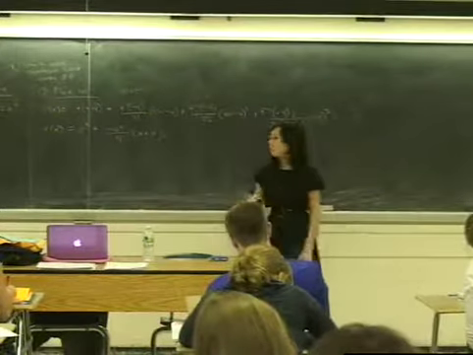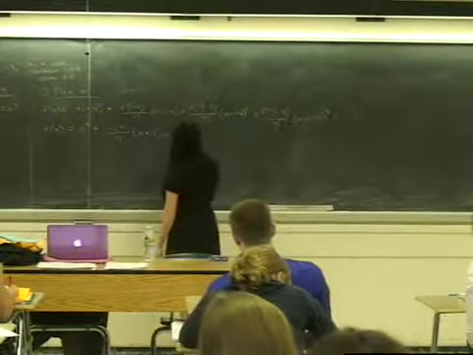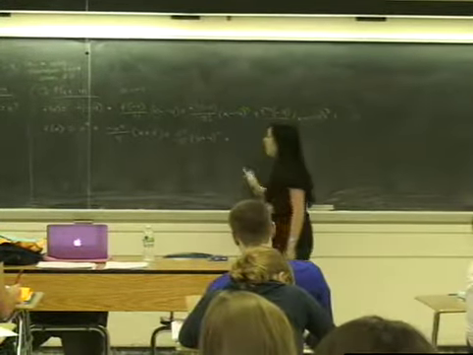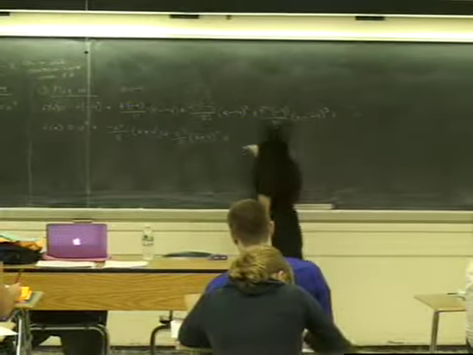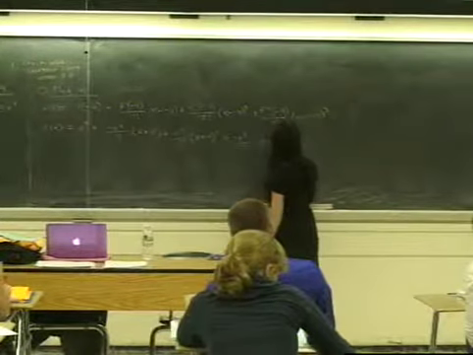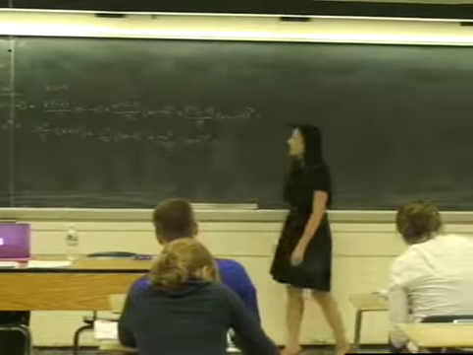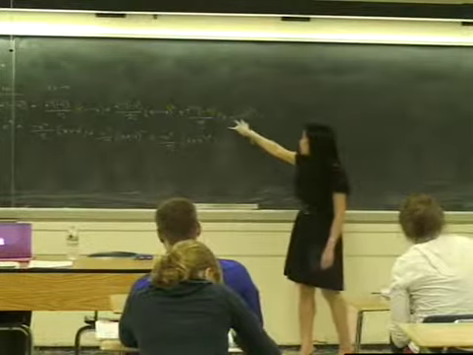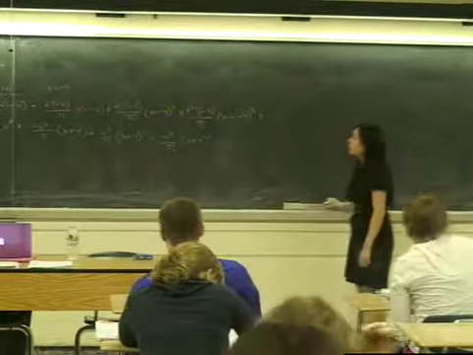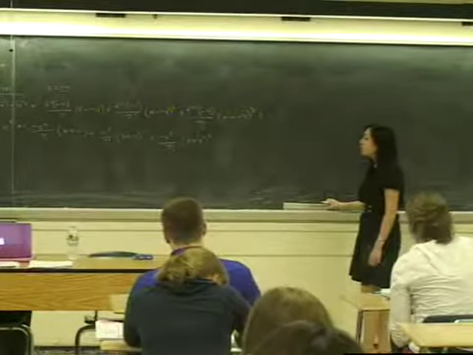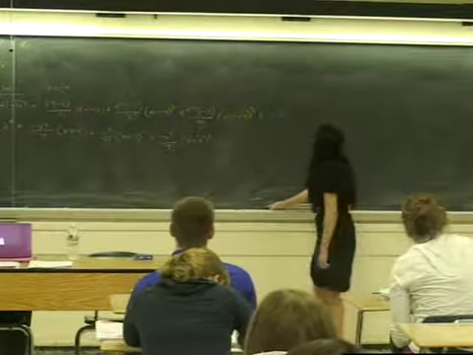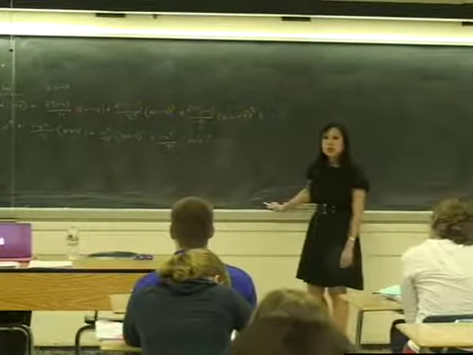Then I have f double prime as e to the 4th over 2 factorial times x plus 4 squared. And then I have f triple prime negative e to the 4th over 3 factorial times x plus 4 to the 3rd, and so on. And I just simplified the 2 negatives that cancel to a positive. Any questions?